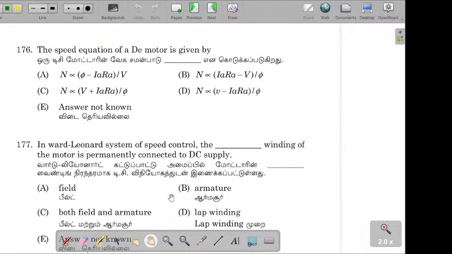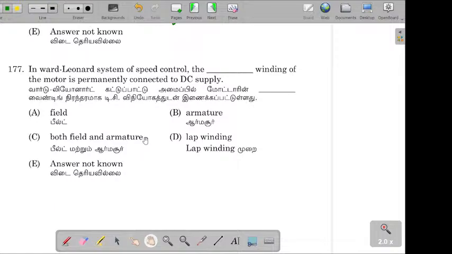The speed equation of a DC motor is given by N is proportional to V minus IRA by flux. In Ward-Leonard system of speed control, the field winding of the motor is separately connected to DC supply.